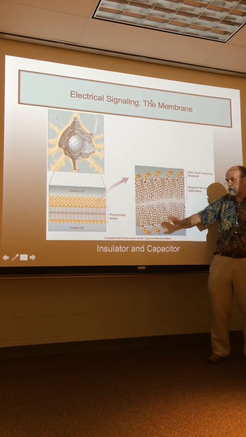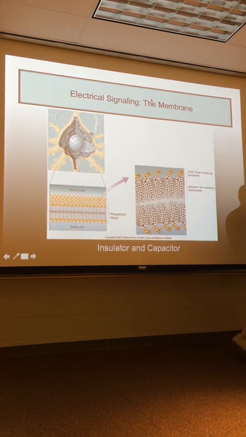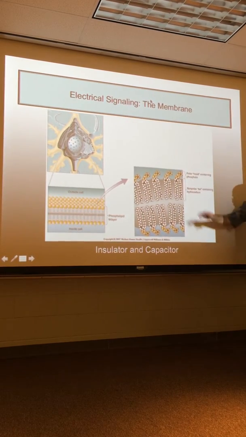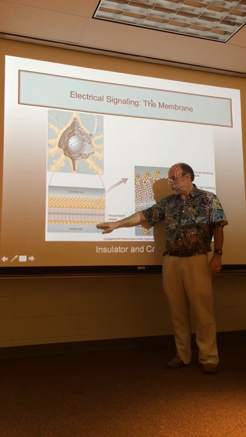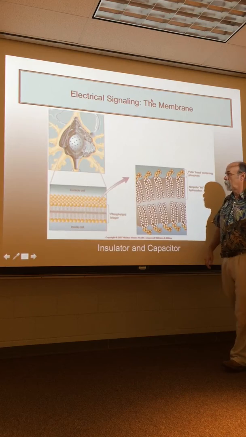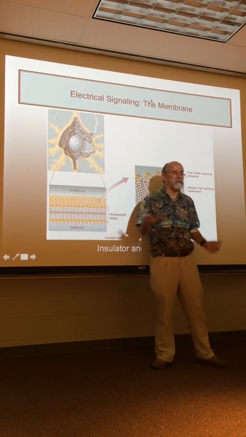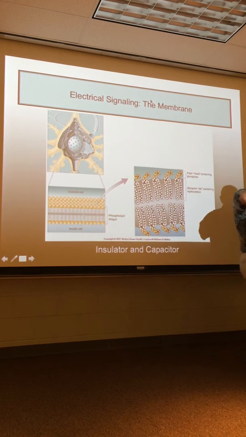The membrane is very, very small. It's just some tens of angstroms in cross-section. I guess you would call this the width or the height, whatever way you want to call it. And so the surface on the outside and the inside is basically presenting a negative charge.